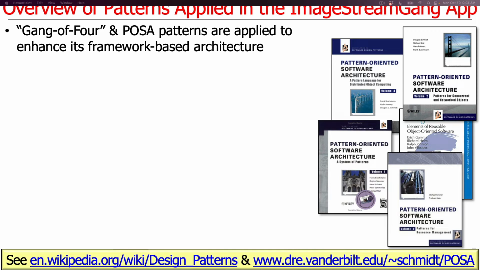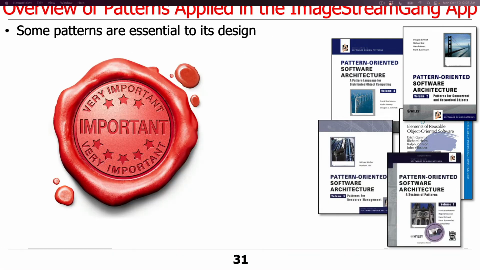So the Pattern-Oriented Software Architecture series of books covers other kinds of things, such as patterns for concurrent and networked objects, patterns for resource management, patterns for architecture, patterns for distributed object computing, and so on and so forth. And some of those patterns also apply to this example, to the case study.